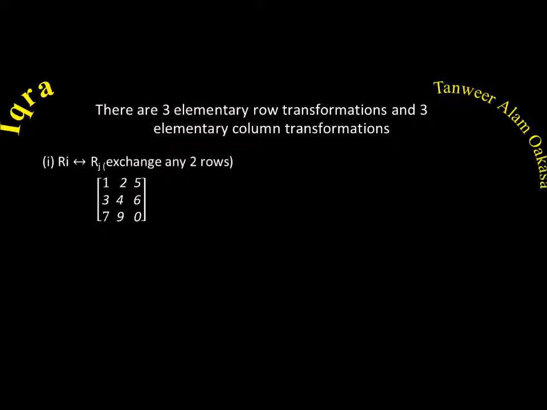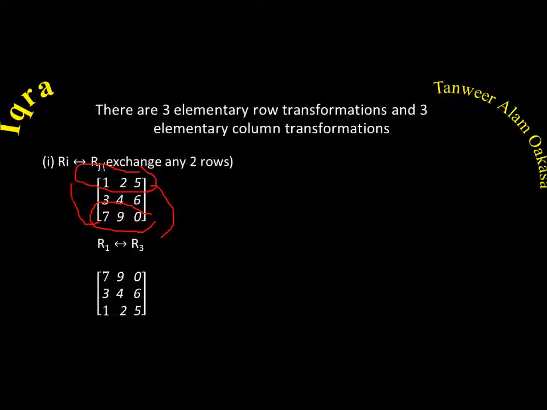I have a 3 by 3 matrix here, and if I exchange my first row with the third row, what will happen? My first row, 1 2 5, and my third row, I can exchange these. So this row will go up and this row will come down. So 7 9 0 has gone up, and 1 2 5 has come down.